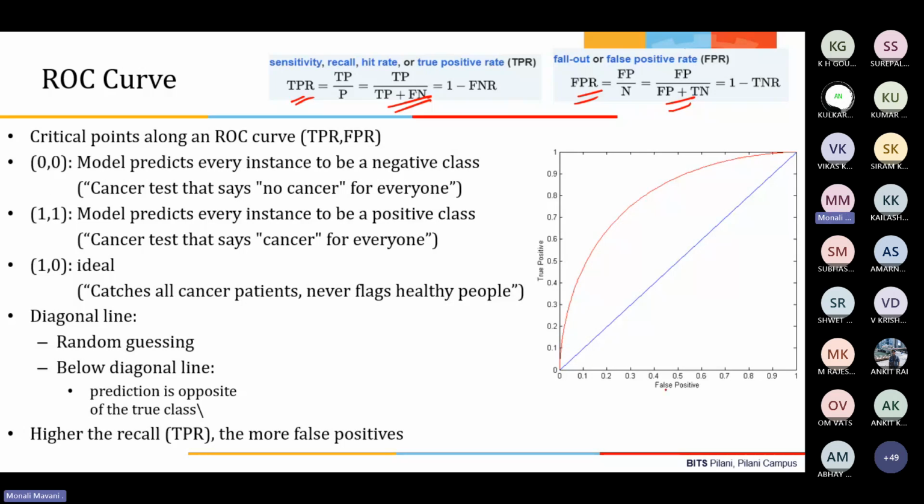So this is a curve. We'll take the false positive rate and the true positive rate. This is TPR on the y-axis and this is FPR. Say this is model 1, and the blue line is random guessing.